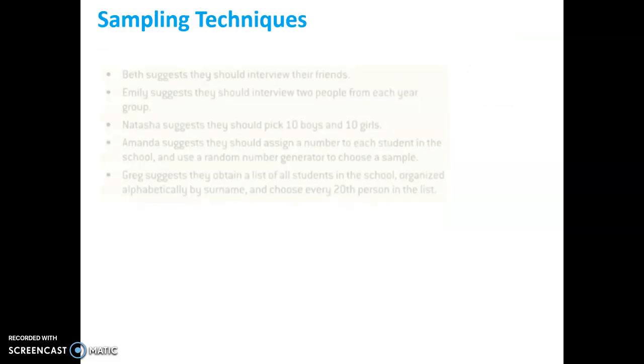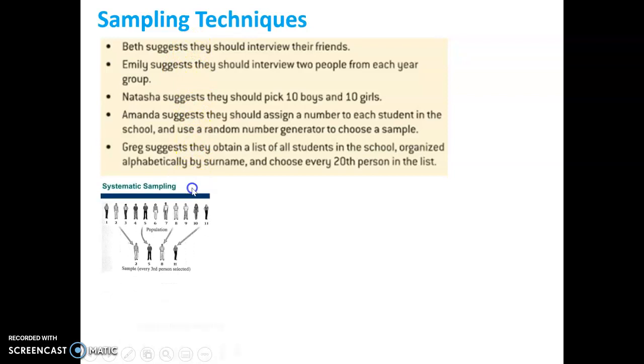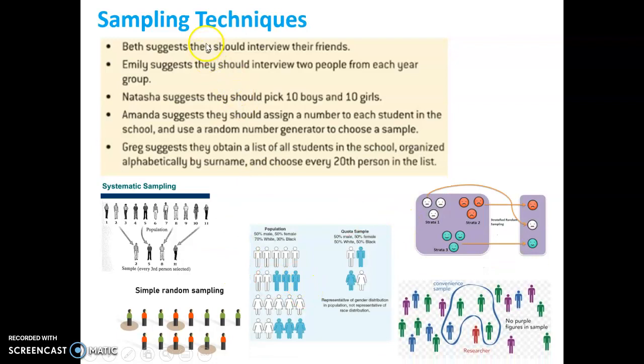So now there is a list here of people that are running some sampling, maybe in their own classes or their own schools, to conduct some kind of survey. And basically your job is to take these 5 examples and say what kind of sampling each one is. As a reminder, on the bottom we will have the 5 sampling techniques there in diagram form. So please go ahead and select the proper sampling technique that describes each of these 5 situations.